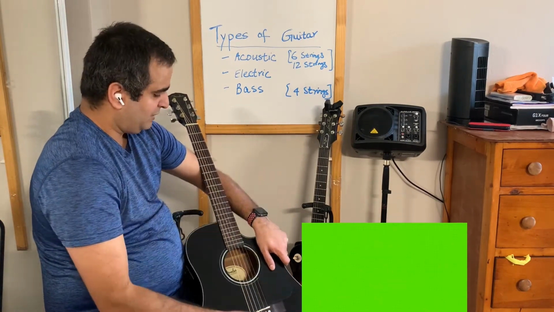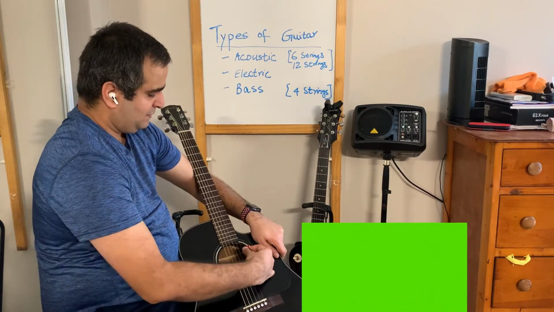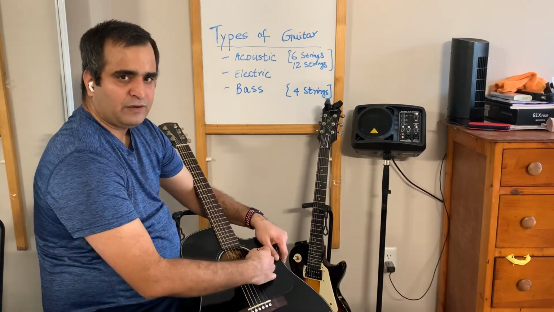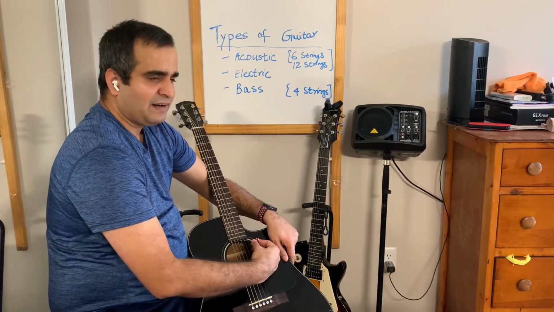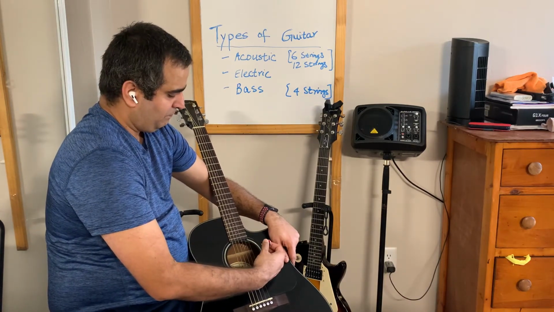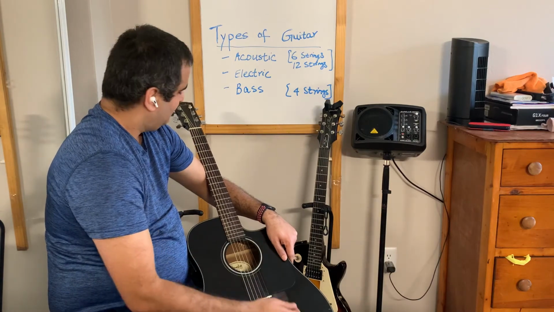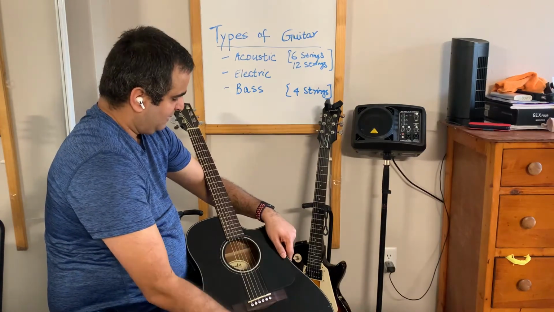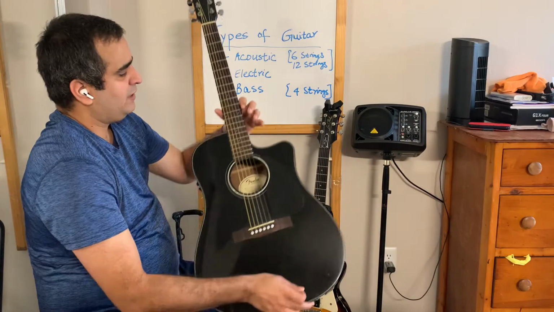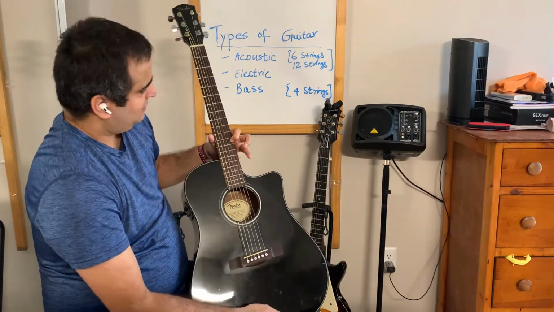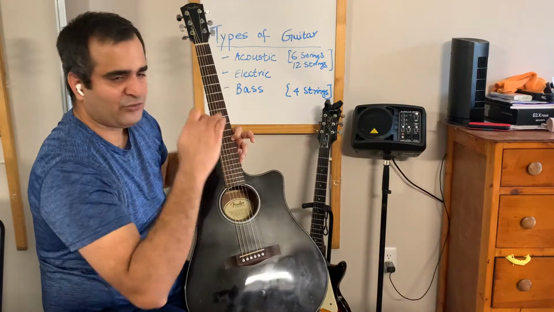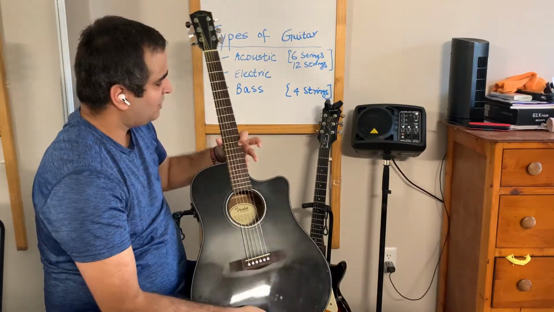For example, to make you understand, this is my first string open. If you remember my first lesson, or second lesson rather, this is E. If I play the 12th fret on the first string, it sounds the same. It's just that the frequency is higher, on the next octave.